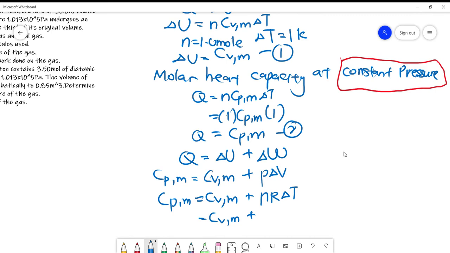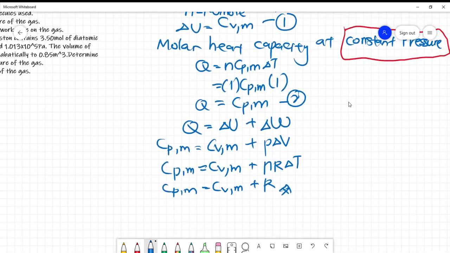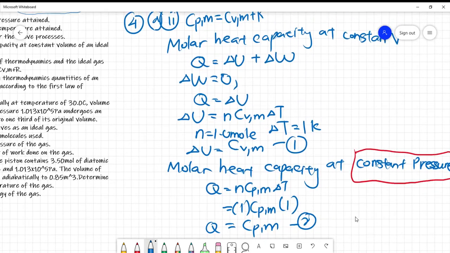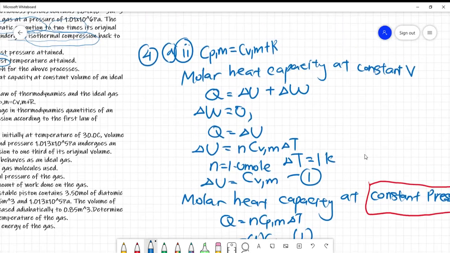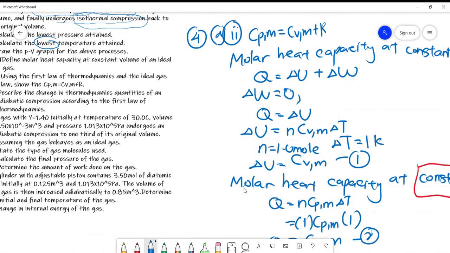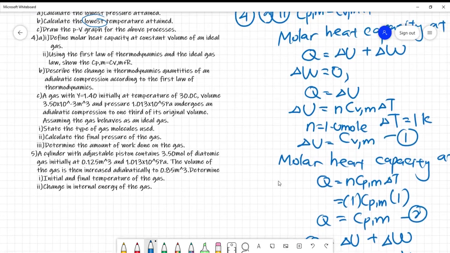So what we get is R. So this is CPM. So this is the final conclusion that we made, which is CPM is equal to CVM plus R. Alright, so that is how we derive the formula of CPM equals CVM plus R. Okay, so we have done number 4A part 2.